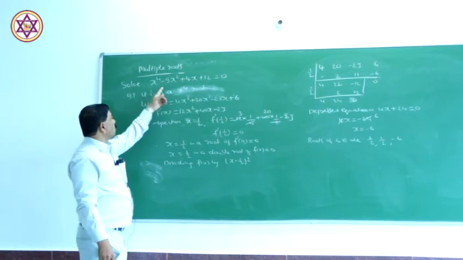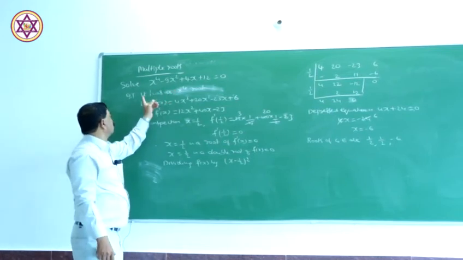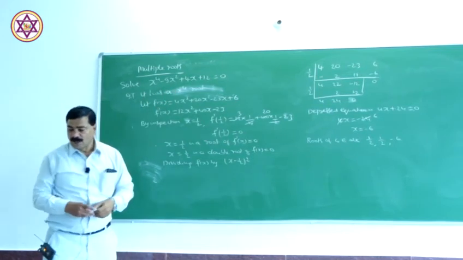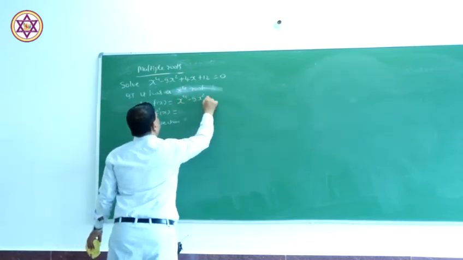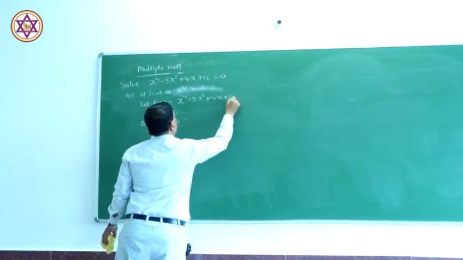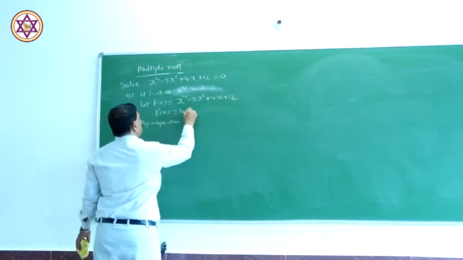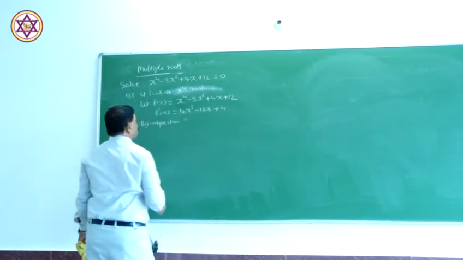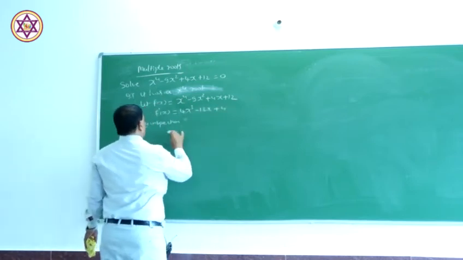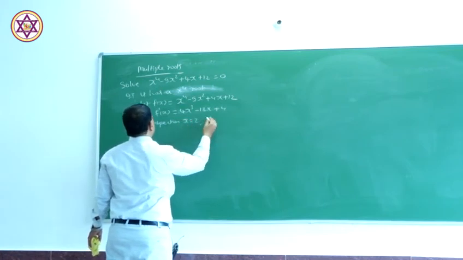x to the power 4 minus 9x squared plus 4x plus 12 is equal to 0, given that it has a multiple root. f of x is x to the power 4 minus 9x squared plus 4x plus 12. So, here f dash of x is 4x cubed minus 18x plus 4. x is equal to 2.